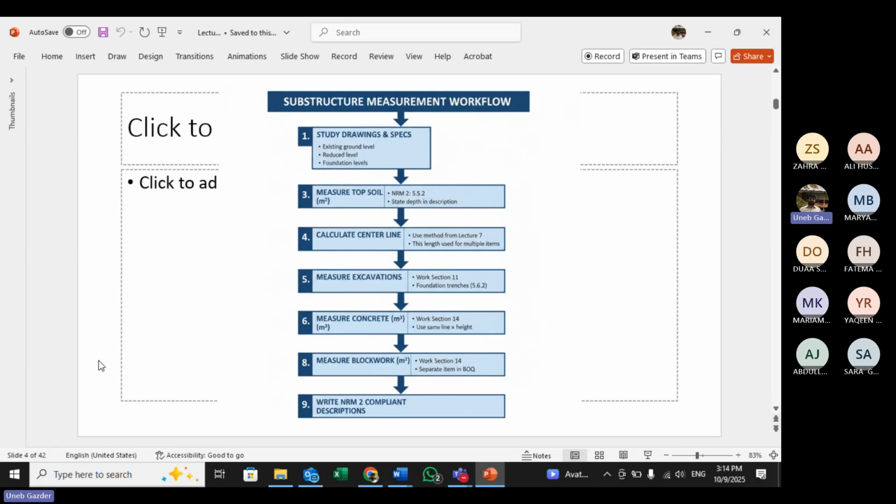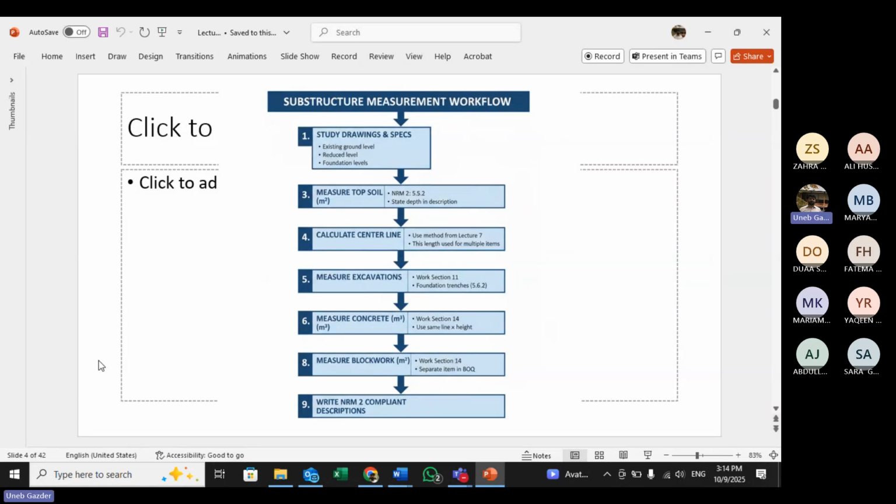The first thing, which I mentioned at the end of last slide, is that you need to look at the drawings and specifications. These drawings and specifications should tell you about the existing ground level, the reduced level which you want to achieve for your construction work, and the foundation levels.